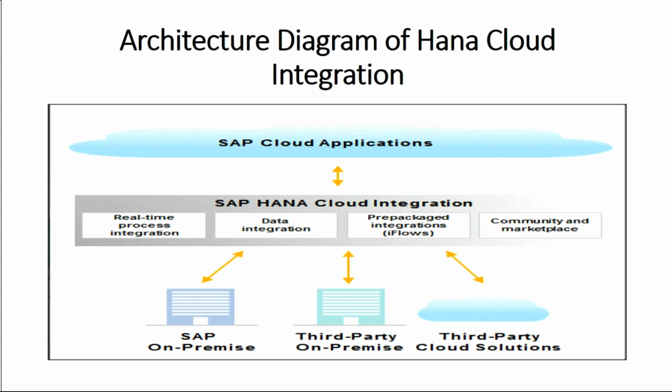It is your HANA Cloud integration, and it has four functionalities. Real-time process integration, which we would be looking into. I mean your transactional data or real-time data, which we transfer from one system to another system. That is real-time process integration.